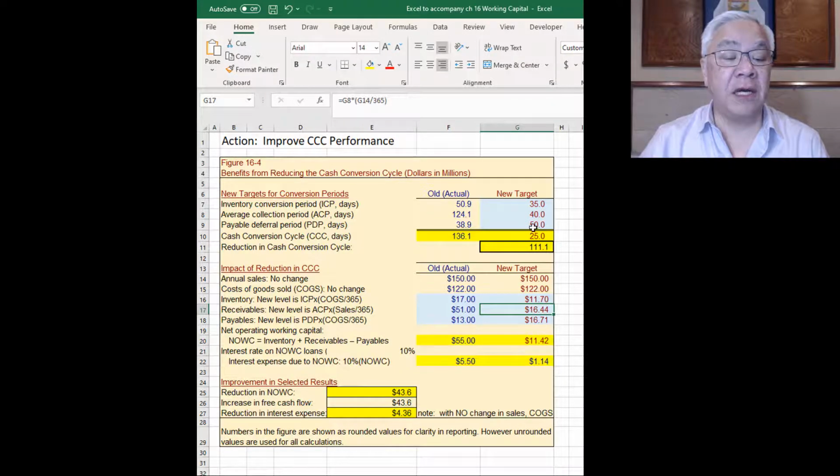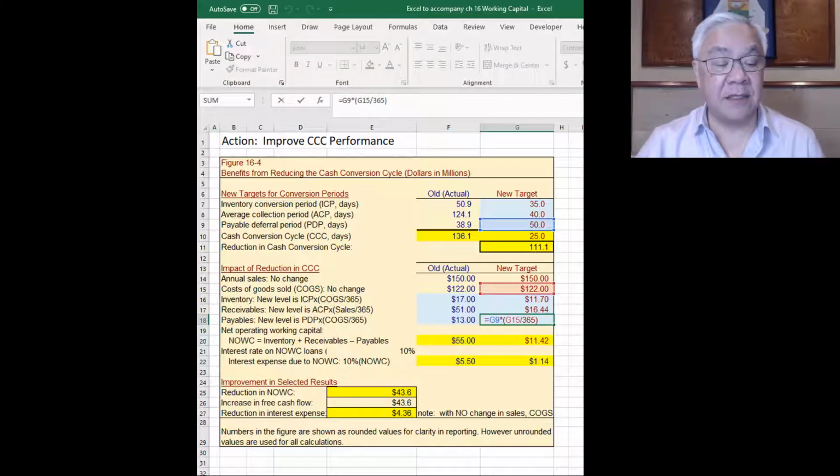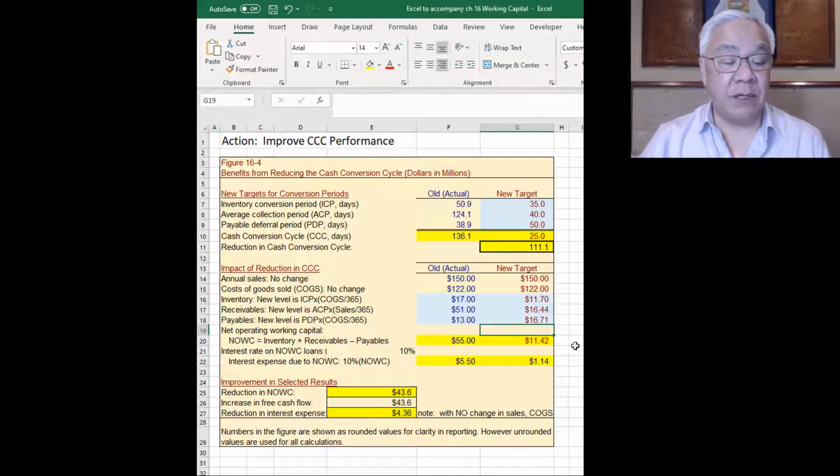The final one is payables. We're at a target of 50, so we calculate the new level of accounts payable by saying the target is 50 times COGS divided by 365, and the answer is 16.71. When we now compute the net operating working capital, we can see the magnitude of the improvement.